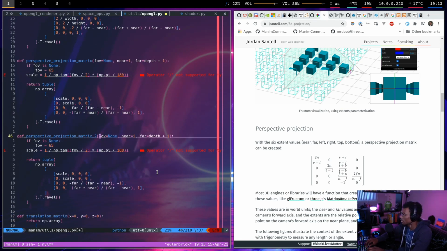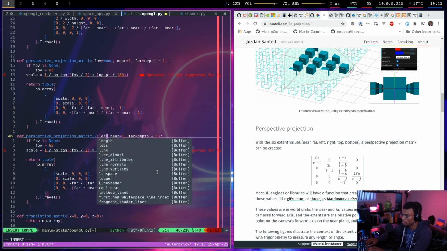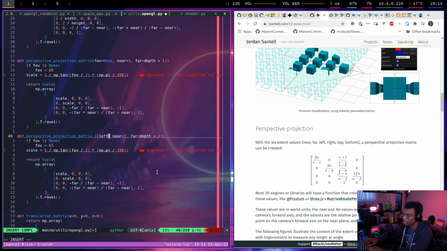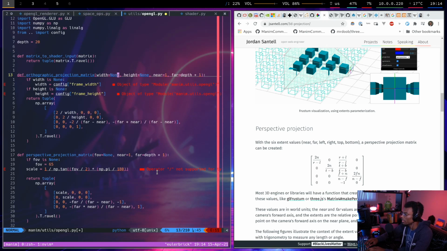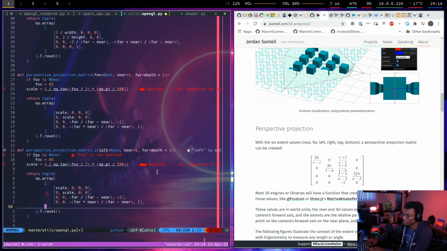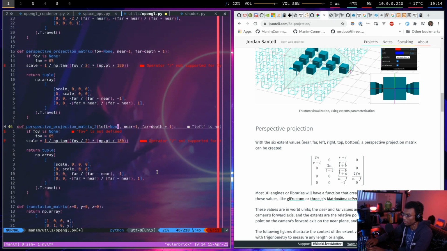And this one's not going to take a field of view. It's going to take a near, far, left equals none, I guess. How did this do it? This had a width and a height, which I think makes more sense. I don't think it makes sense for the left and the right to be different. So I just do width equals none, height equals none.